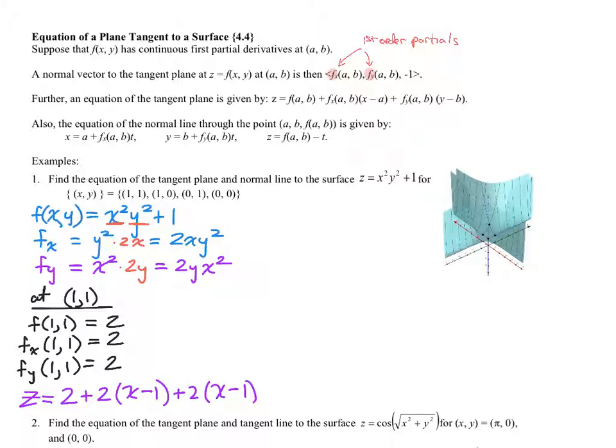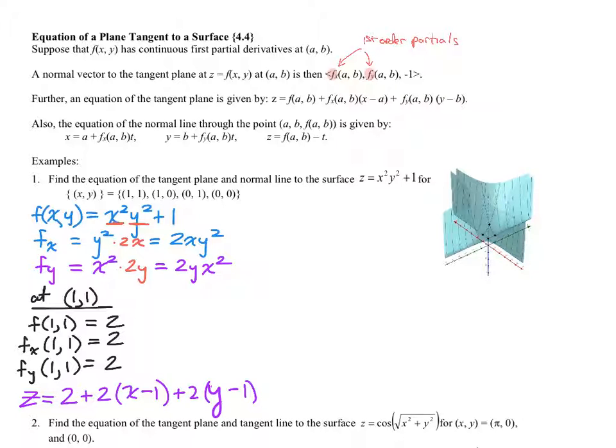The coefficient of x is equal to the first order partial with respect to x. The coefficient of y is the first order partial with respect to y, and the coefficient of z is always going to be that -1, because it's always in the form of z equals. So if I were to move it over, it's always going to be a -z. All right, but let me make this a y as it ought to be.